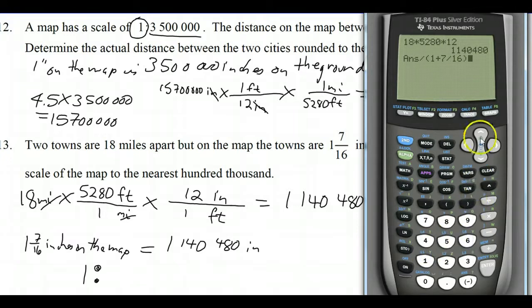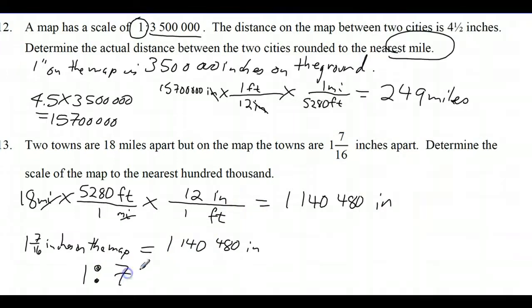Okay, I don't need to explicitly work it out. I can let the calculator do that. Rounding to the nearest 100,000, right? So that's rounding to this place here. That's a 3, so it'll be 793,000. So 1 to 793,000, right? And that's rounded to the nearest 100,000, and that's imperial.